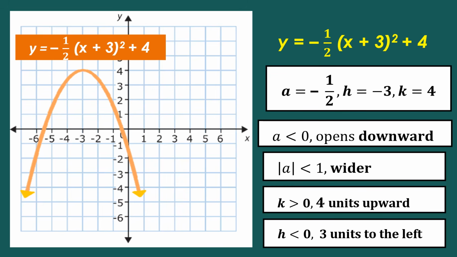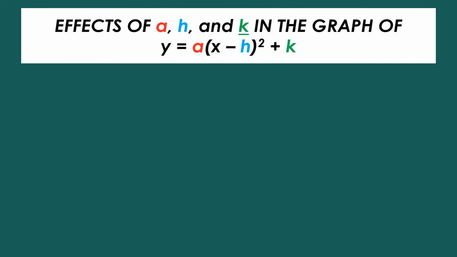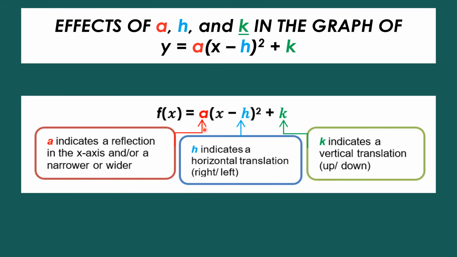So, we now have the graph of y equals negative 1 half times the quantity x plus 3 squared plus 4. So again, let us review the effects of the values of a, h, and k in the graph of our quadratic function in vertex form. Tandaan, the value of a will indicate a reflection in the x-axis, meaning it may opens upward or downward.